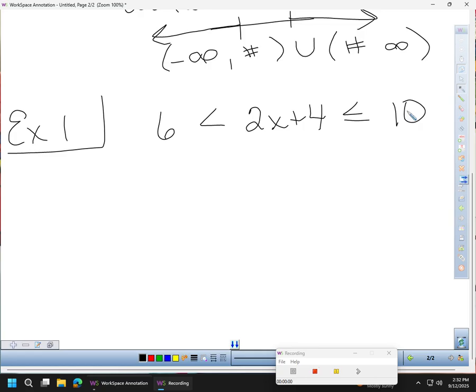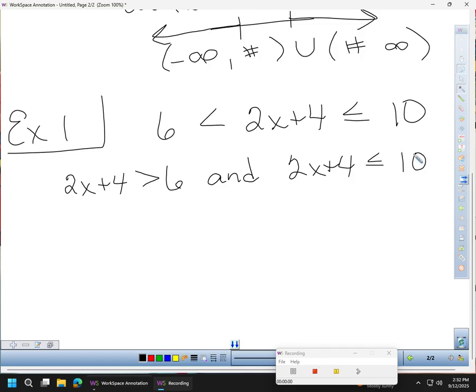So you can see my x is in the middle that I have to solve for. Okay? Or maybe an and problem can be written as two separate pieces. It can be written as 2x plus 4 is greater than 6 and 2x plus 4 is less than or equal to 10.